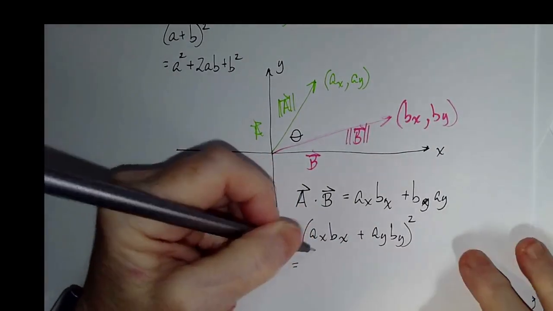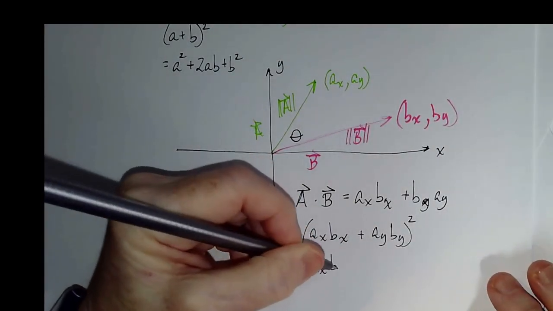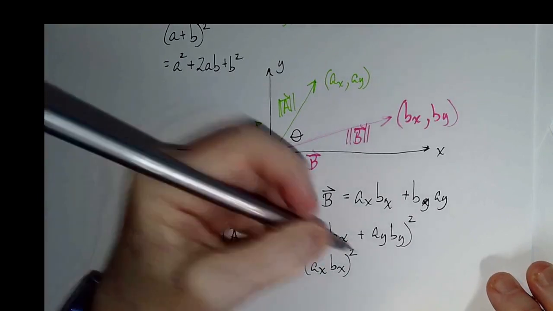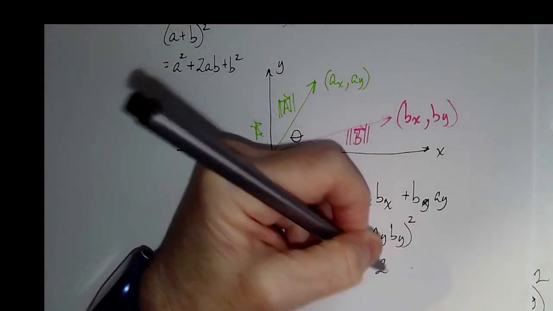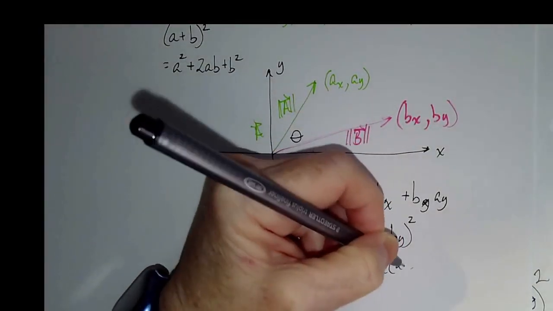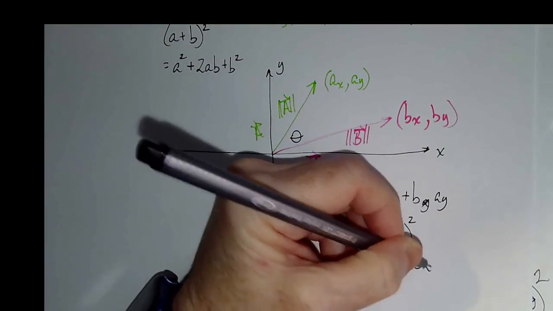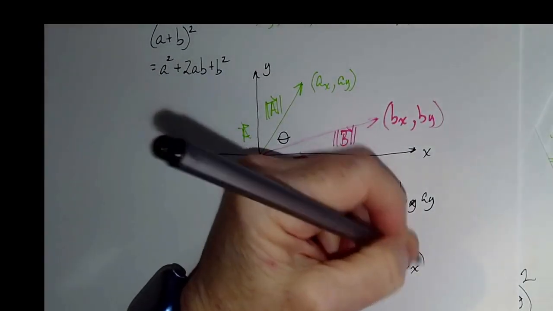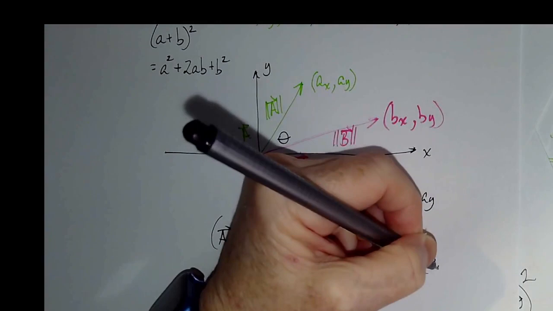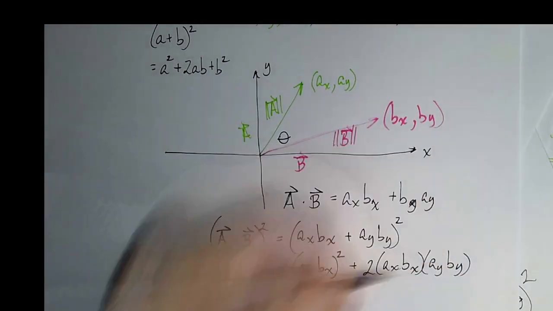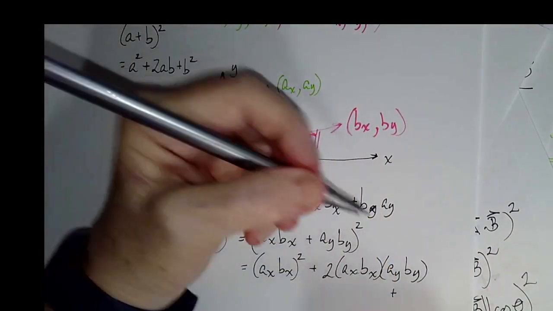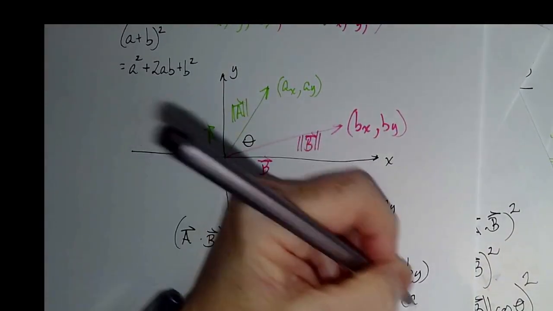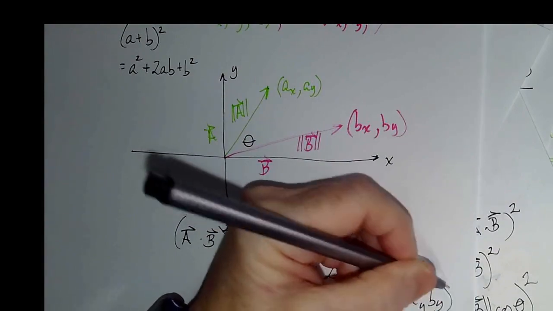So I've got the first thing squared, AX, BX squared, plus first times second times 2, AX, BX, AY, BY, plus AYBY squared.